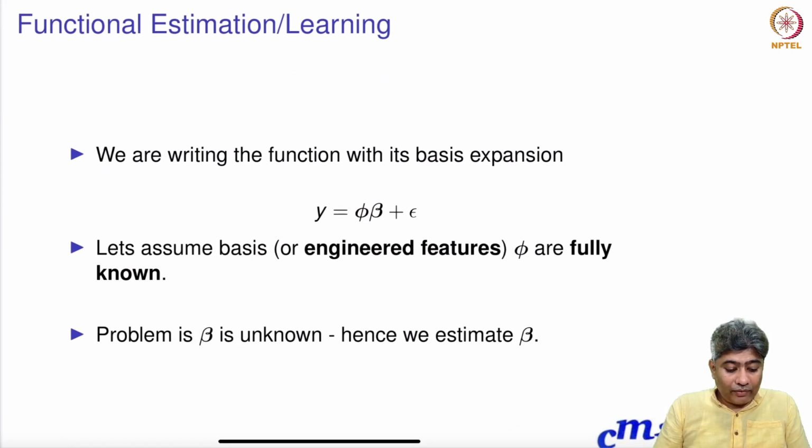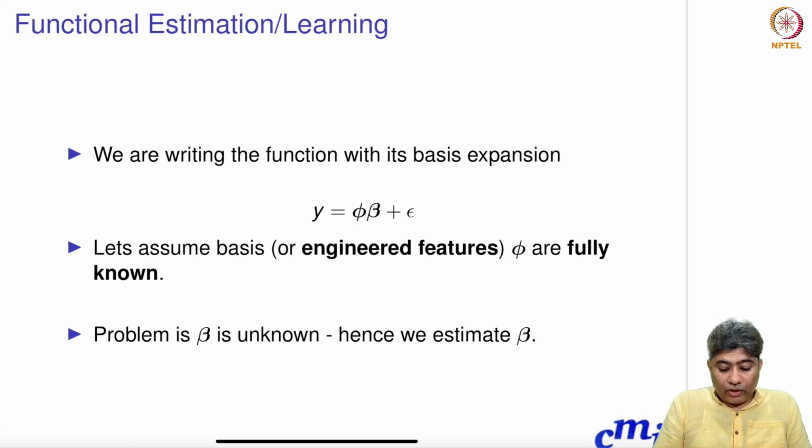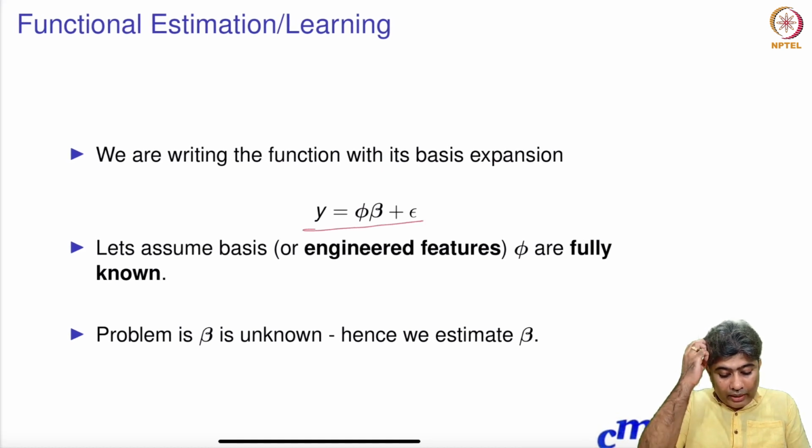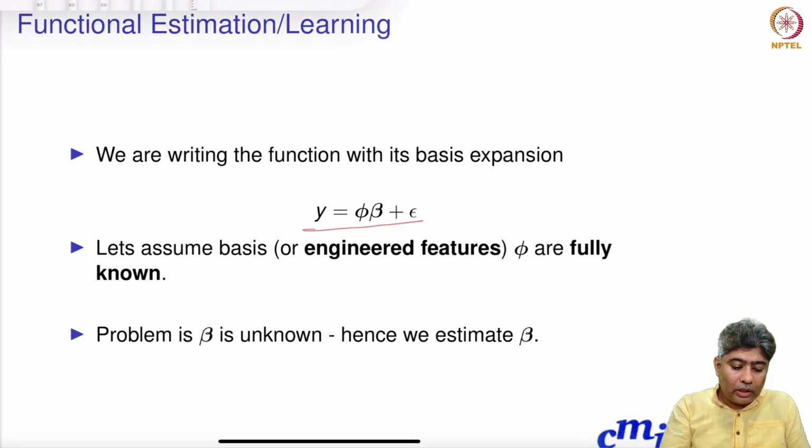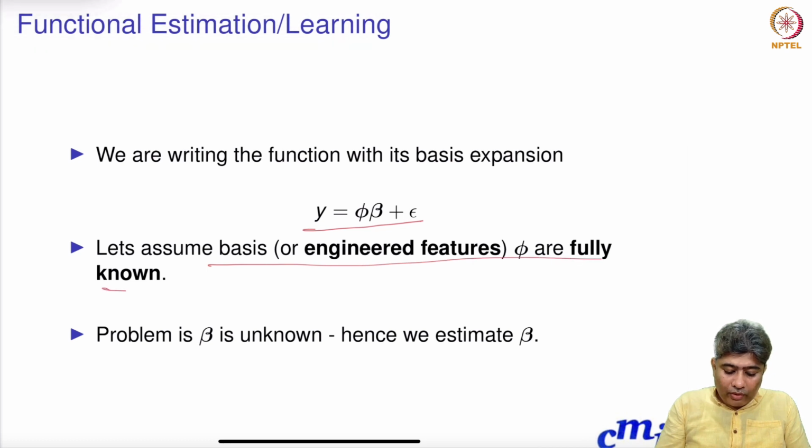So we are writing the function with its basis expansion. We call it y = phi beta. Let's assume these bases or the engineered functions are fully known to us. This is an assumption we are making.